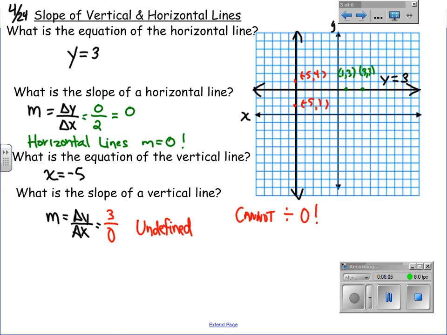Why though, Mrs. Doble? Well, here's the basic idea. We have 16 kids in here, right? And I could say, all right, let's divide by 2. And we would split into 2 equal groups, right? I could say, let's divide by 4. And we could divide into 4 equal groups. I could say, let's divide by 5. And we would have to chop up a person or 2. But we could split into 5 groups. I could say, let's divide by 1.